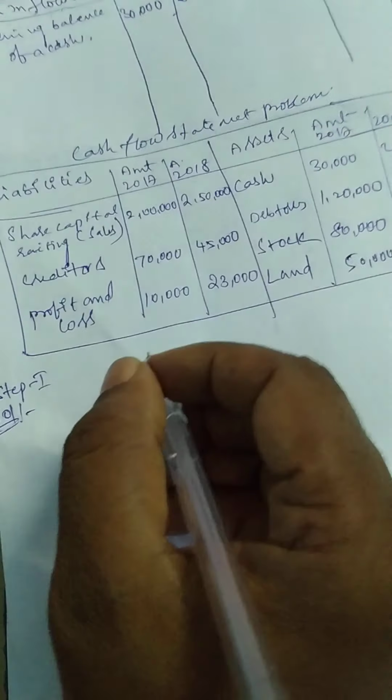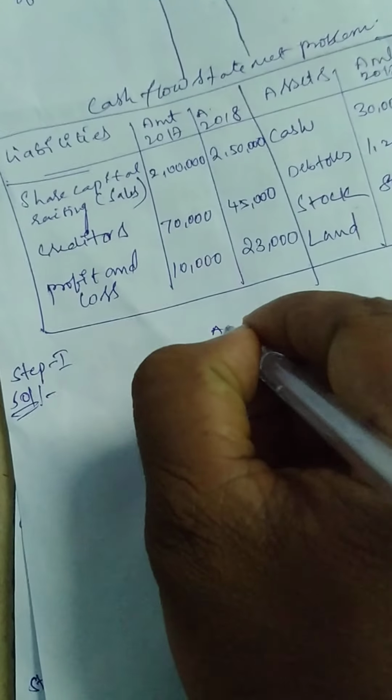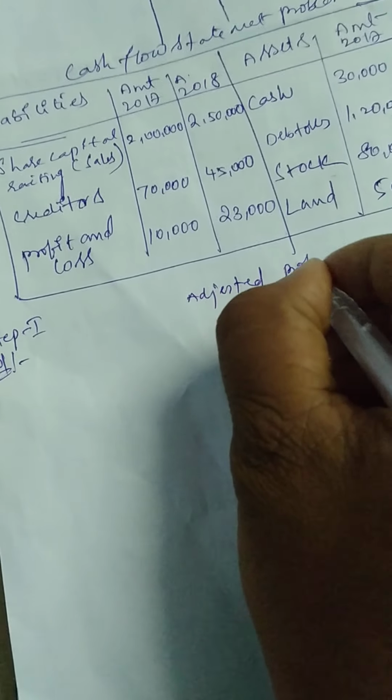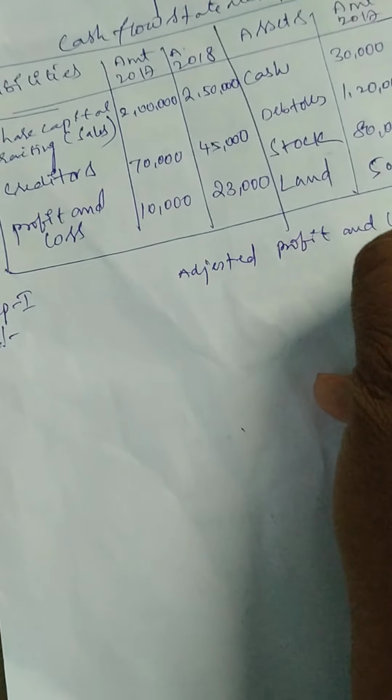So what is the format of the cash flow statement? Step 1, adjusted profit and loss account.